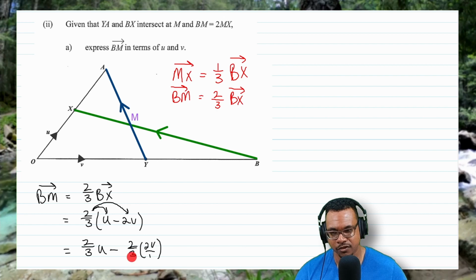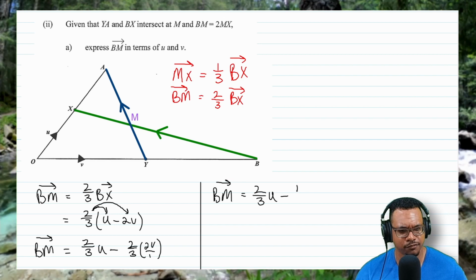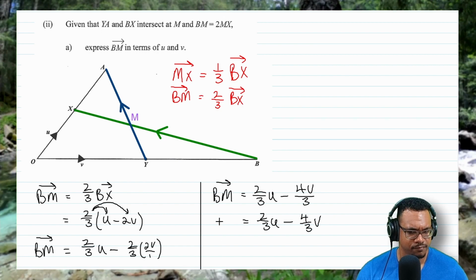So you get 4v over 3 by 1 is 3, so 4v over 3. All right, so BM is equal to 2/3 u take away 4v over 3, which we can write as 2/3 u take away 4/3 v.